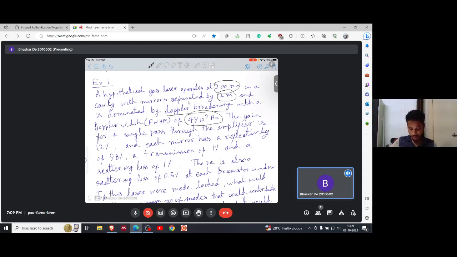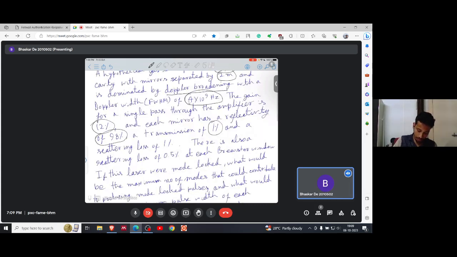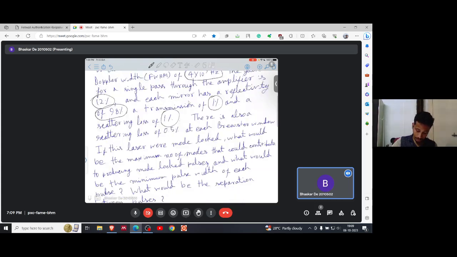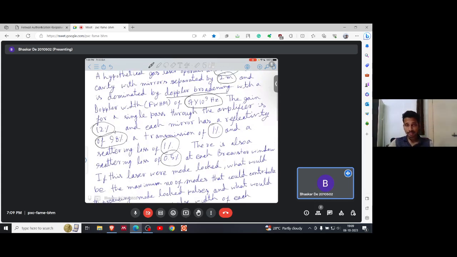The gain for a single pass through the amplifier is 12%, and each mirror has a reflectivity of 98% and a transmission of 1% and a scattering loss of 1%. There is also a scattering loss of 0.5% at each Brewster window. So this is the information that is given in the problem.